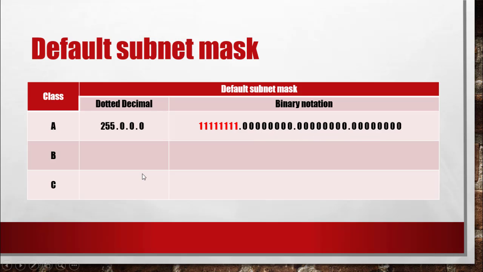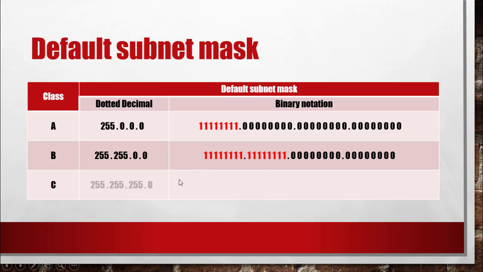For class B, we will have 255.255.0.0, which will be illustrated in the binary notation as 16 ones and 16 zeros separated by dots.